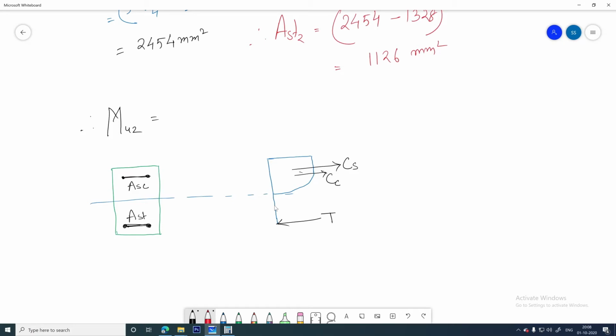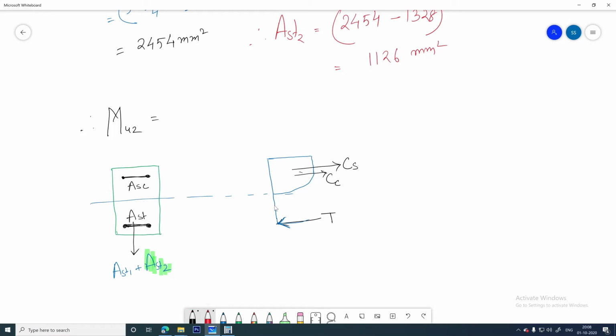Now this AST is basically the summation of AST1 plus AST2. So as we got this AST2, this AST2 is at the level where this T force is acting, right?